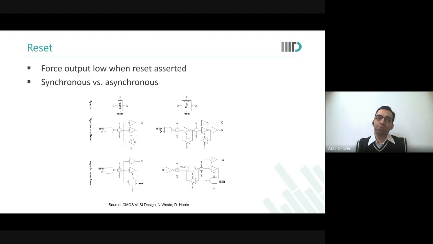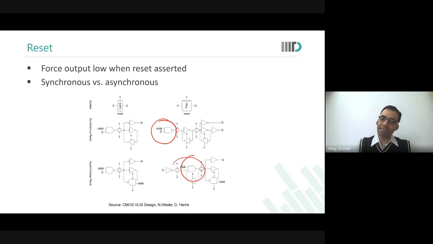So then you also may want to set or reset the flip-flop, which means you again need to have the reset pin going either at the input or in the latch. When you have it at the input, the reset will happen after the clock comes.